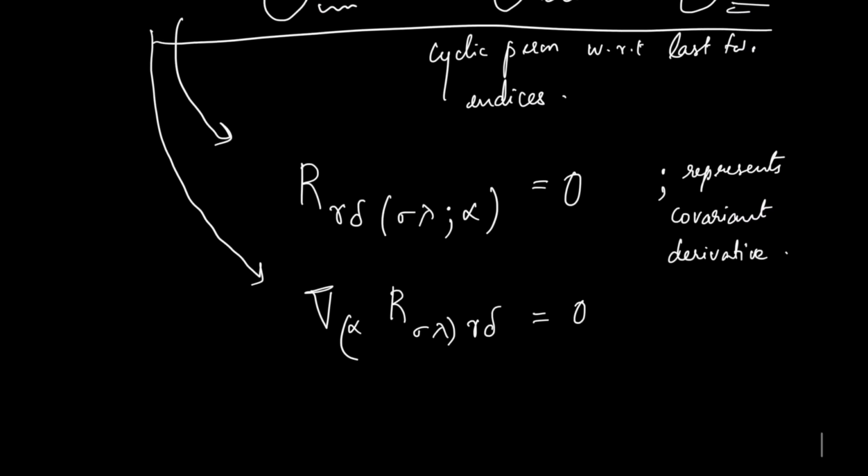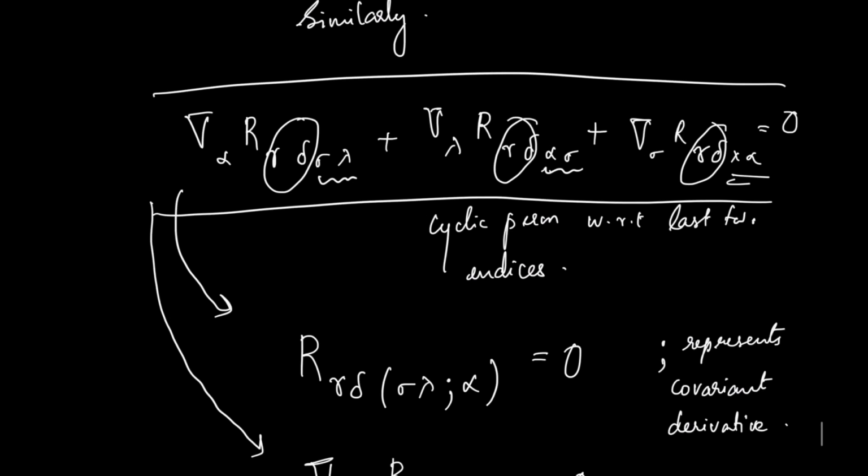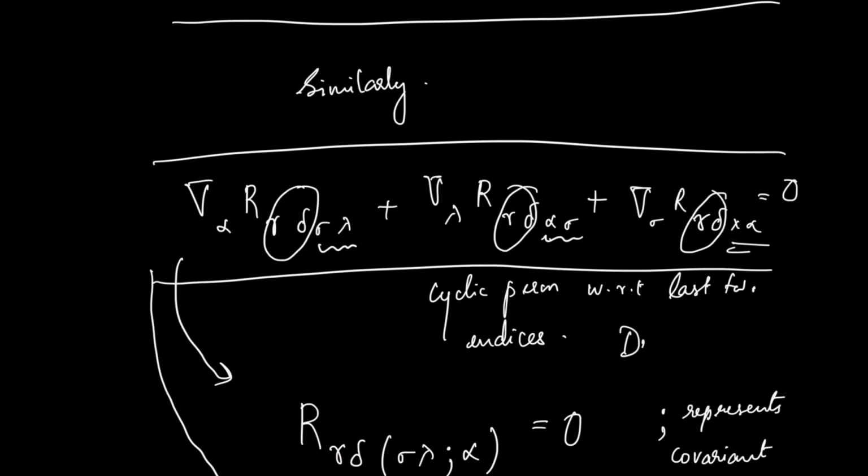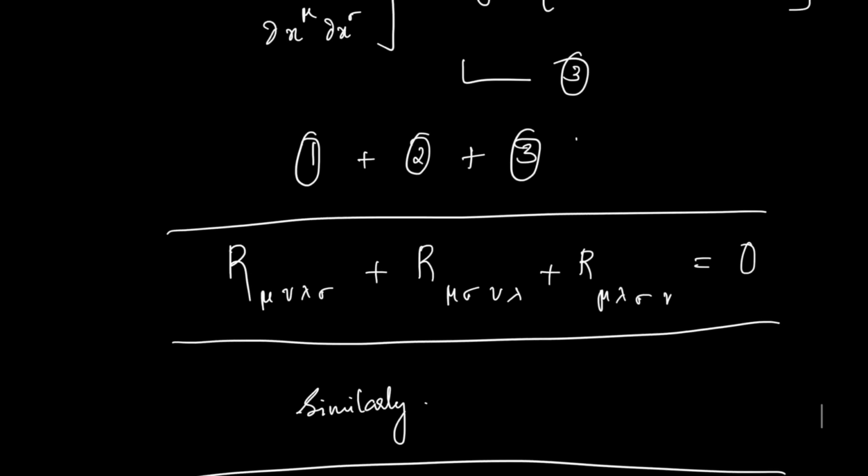So these are the Bianchi identities. Okay, so this is the differential identity. And this one is the algebraic identity.